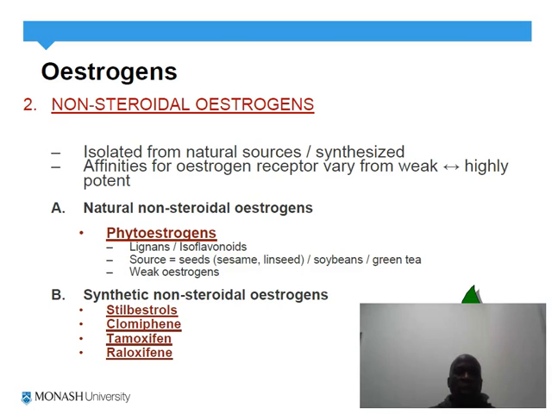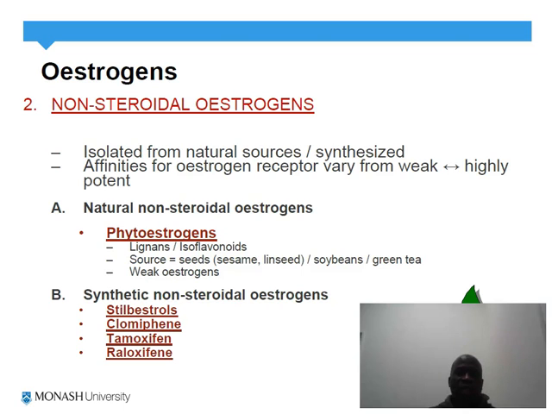Okay, so under this category, we also have natural non-steroidal estrogen called phytoestrogen. Phyto means plant, and basically these are estrogens derived from plants, such as lignans and isoflavonoids, and the sources of such kind of estrogens come from seeds of plants.